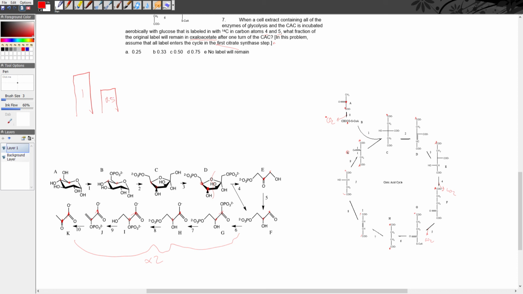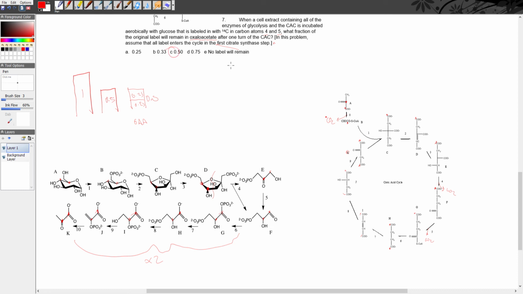So half of it won't end up in oxaloacetate. But none of the other carbons that were tagged were lost. So all the others that remain are going to be in oxaloacetate. And oxaloacetate, we can write as OAA for short. But half of it will be on one carbon, and half of it we would assume would be on another. Right? So if you ask per carbon how much, relatively, it'd be 0.25 after one round. But it asks total, and that's 0.5.